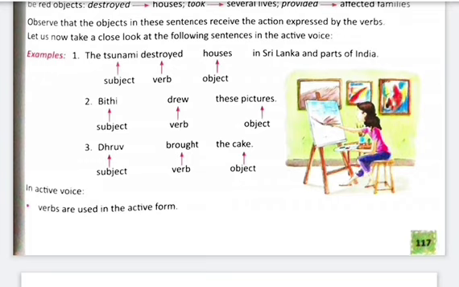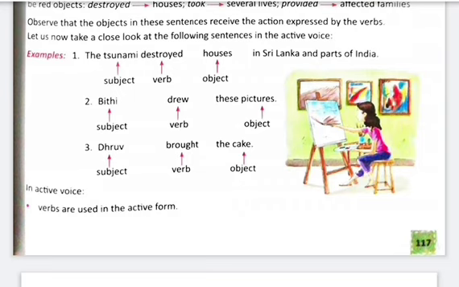If the subject in a sentence is the doer and the verb is in active form, then the sentence is said to be in active voice. Let us check here. The tsunami is the subject and what did the tsunami do? Destroyed.